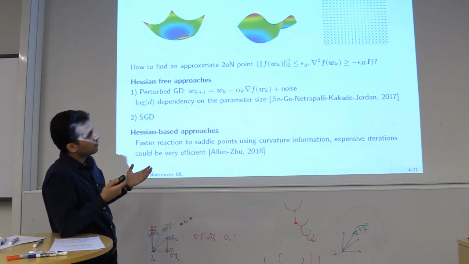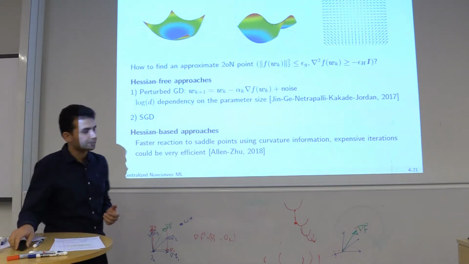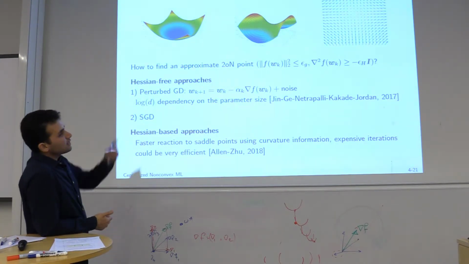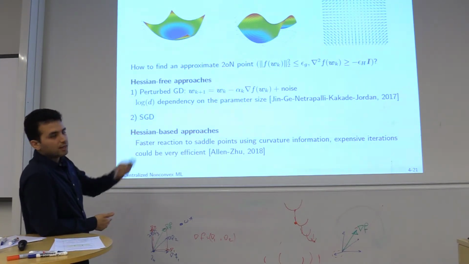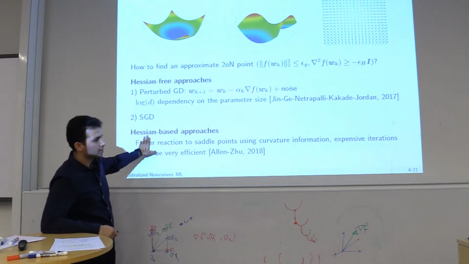So here, go here, and from here, go there. Okay, but then clearly you can see that it would be much nicer if you can move right away from this point here. Anyway, this is Hessian-based approaches.